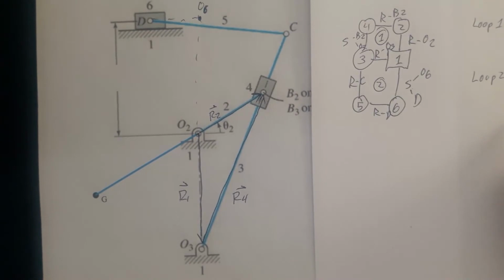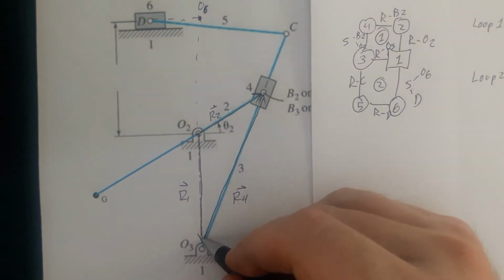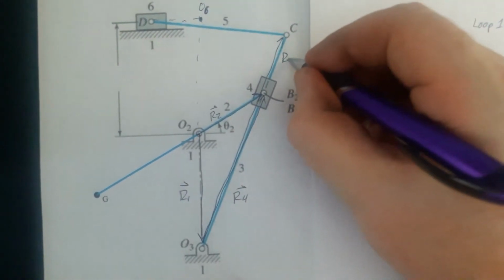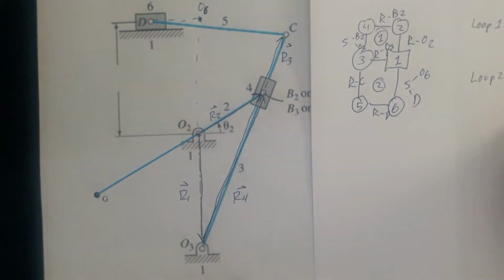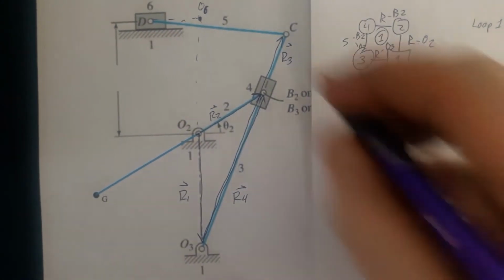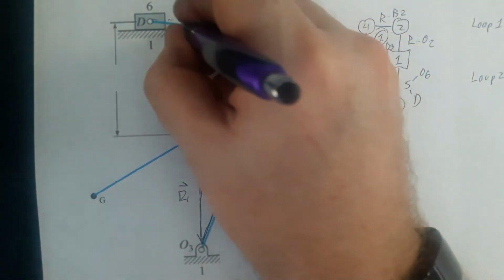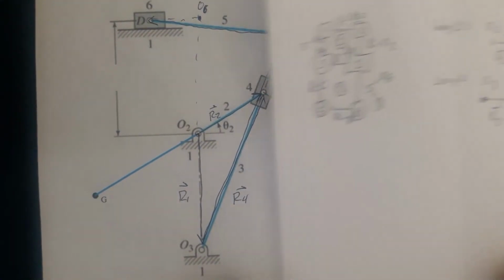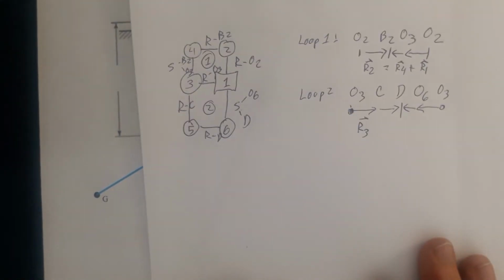Here I'm going to have O3 to C, that's a new vector. So that's R3. C to D. So those are the loop points I'm using.